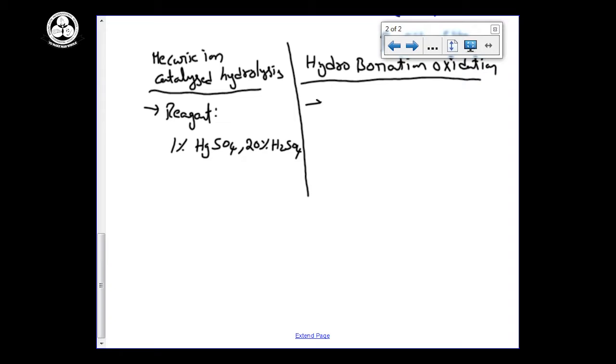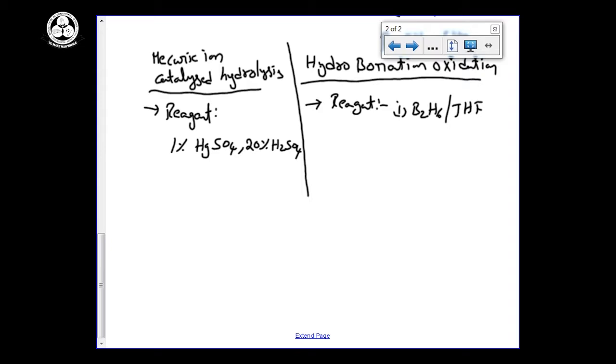First, mercuric ion catalyzed hydrolysis. What reagent are we going to use? That reagent is 1% of mercuric sulfate HgSO4 and 20% of sulfuric acid. And in hydroboration oxidation, the first one is B2H6 in THF. See the complete mechanism in alkene. THF means tetrahydrofuran. What is the role of tetrahydrofuran?